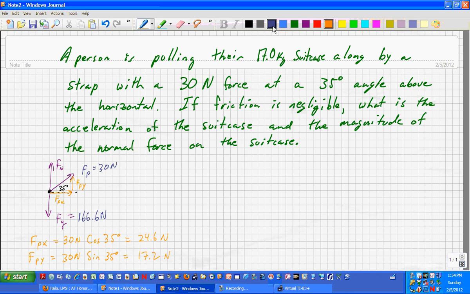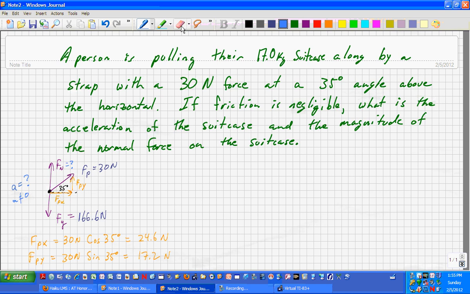So we're asked to find the normal force and the acceleration of the suitcase. So we've broken into components. The next thing we would do is evaluate the motion. This is obviously accelerating because we're asked to find the acceleration. So we're going to assume that acceleration is not equal to 0.